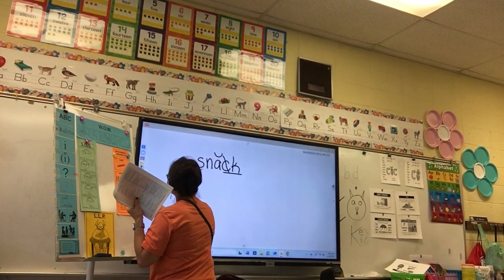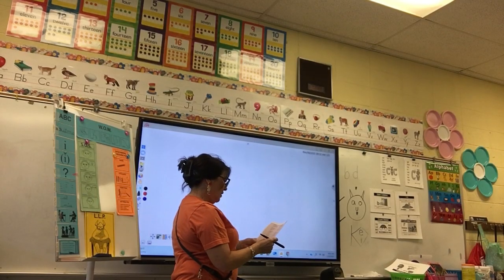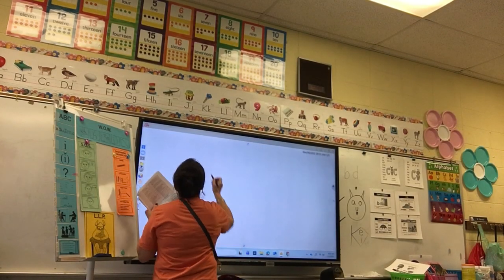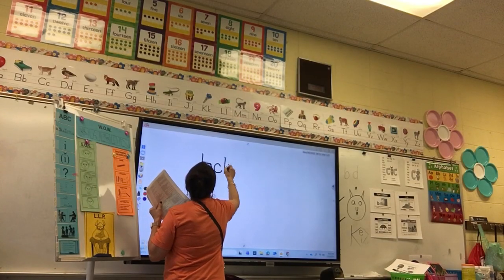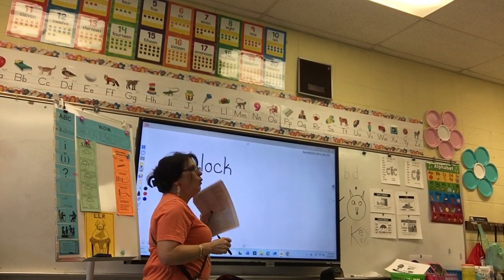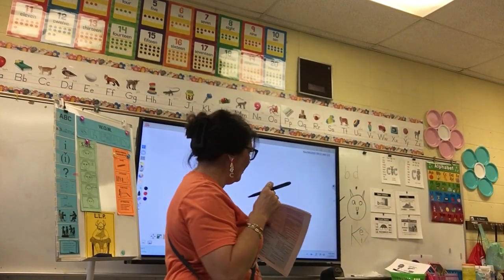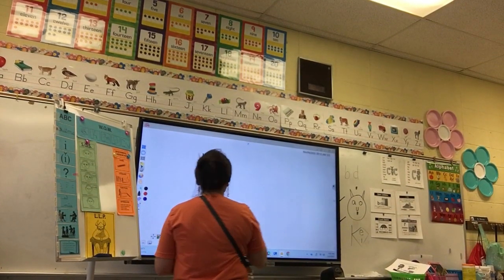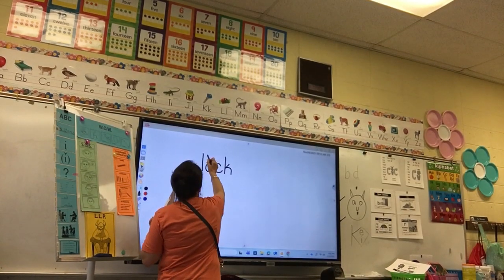I think it's easier just to erase like that. All right, so the next one we have is L-O-C-K. Okay, so what kind of syllable is this one? Closed. It's closed, and so that means I should do what to the O? Put a breve above it.